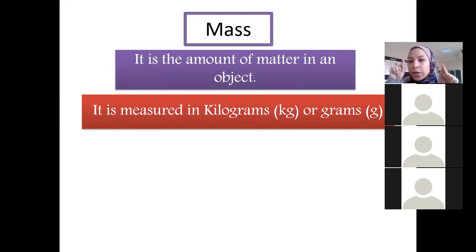So you will write gram or kilogram. Of course, in case of us, it's much more than grams, so it's going to be kilograms. All right. So again, the unit that we use in order to describe the mass is grams and kilograms.